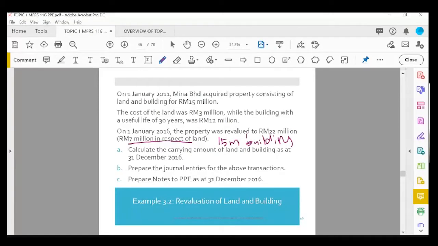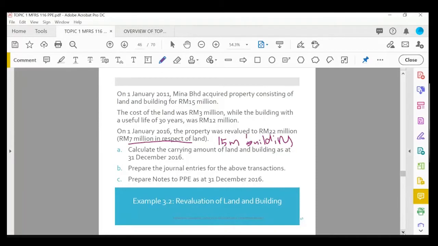So we have to calculate the carrying amount of land and building, prepare the journal entry, and then prepare notes to PPE. For today, we are going to look at A and B only. While C, I need more time to explain. So A and B: calculate the carrying amount at the end of year 2016.